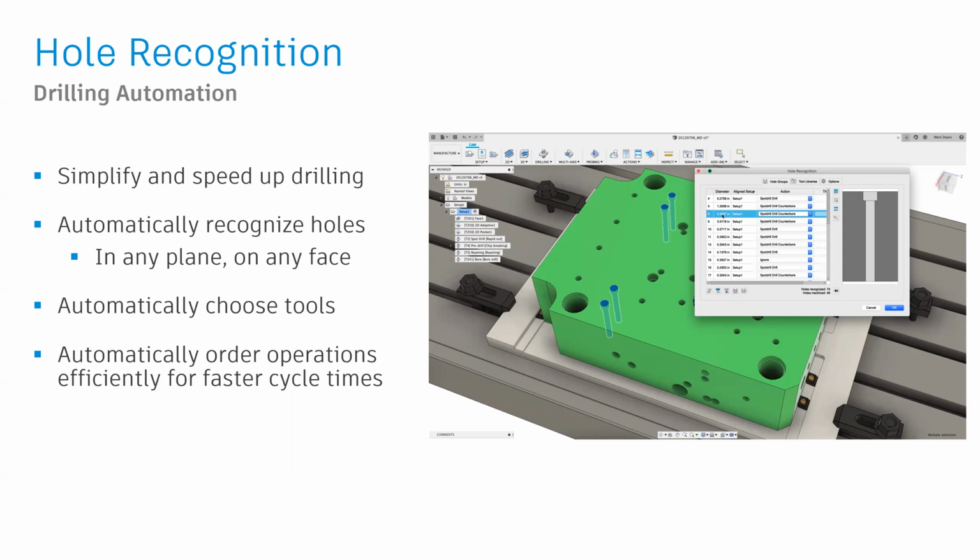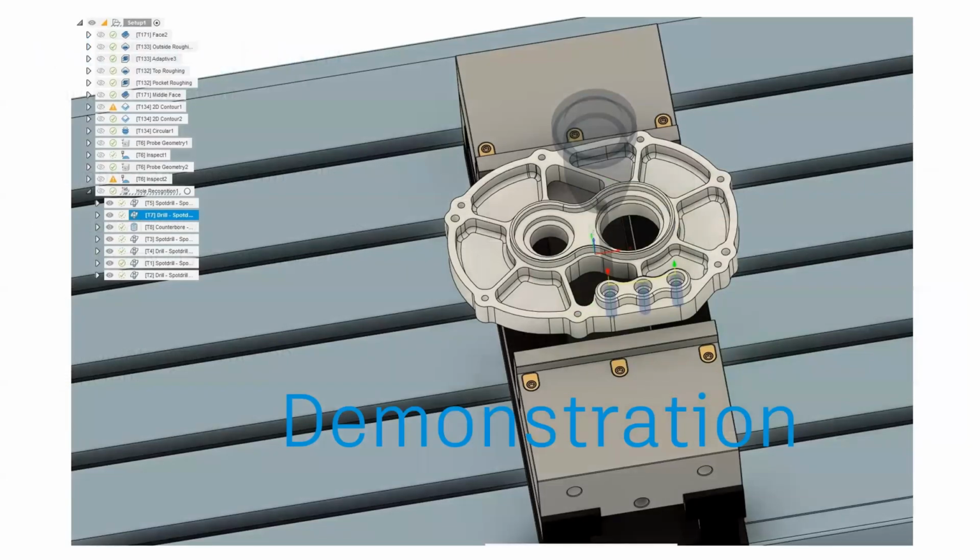It will decide and select the tool, then automatically order the operations, like to avoid minimum tool changing operations, so it saves your time for ordering of the tool path. Okay, and this you understand for the whole.